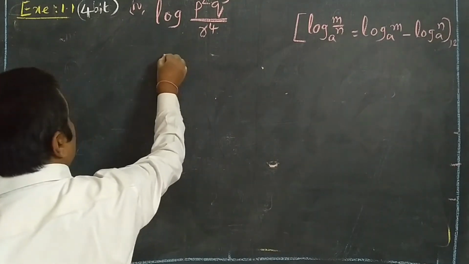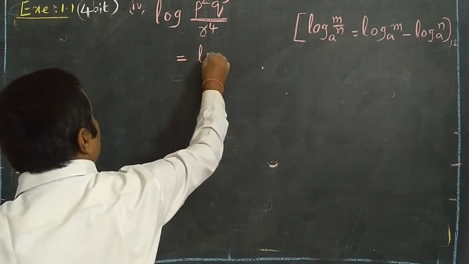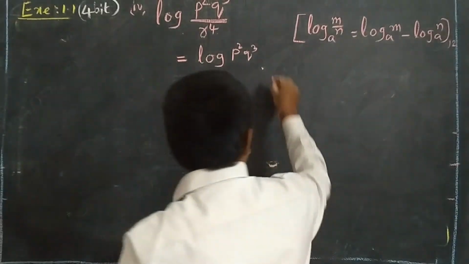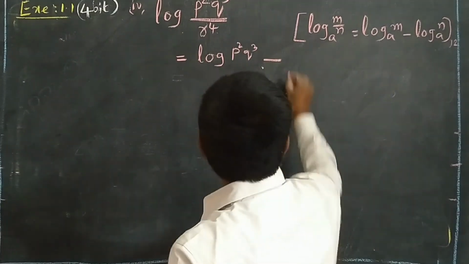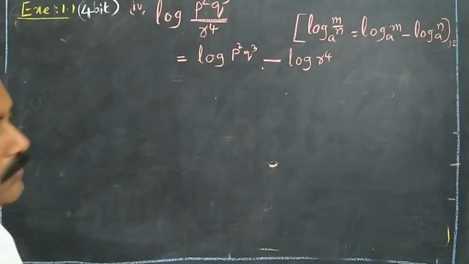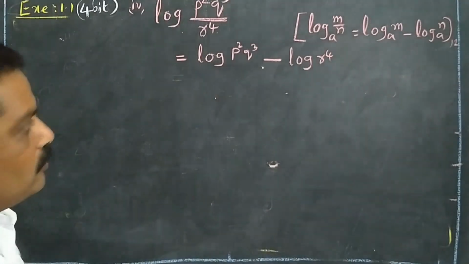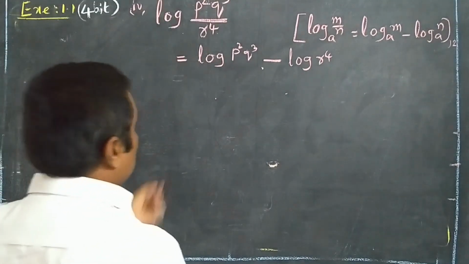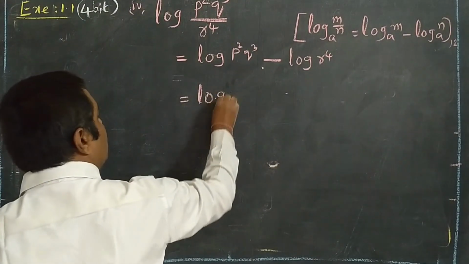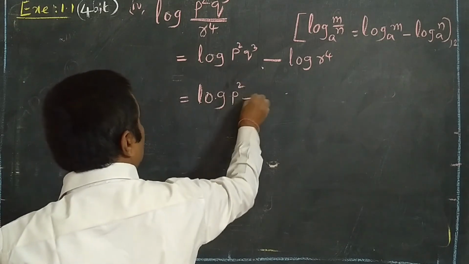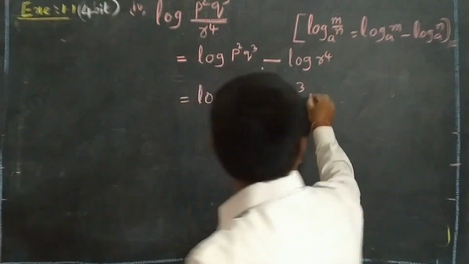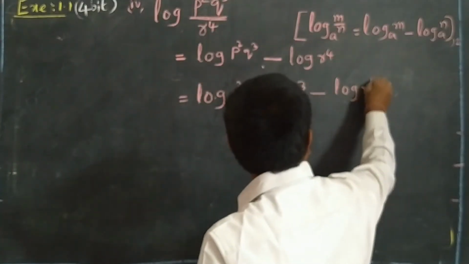Simplify this. Then we have to get log p square q cube base 10, treat like that, minus log r to the power of 4. Here we use the second rule, that is quotient rule. Now here product is there, product rule. By the help of product rule you have to write log p square plus log q cube minus log r to the power of 4.